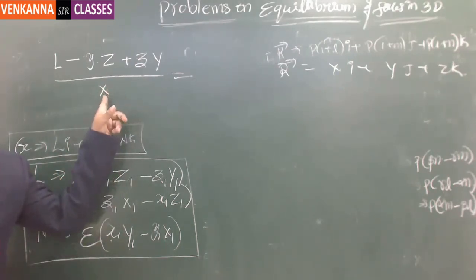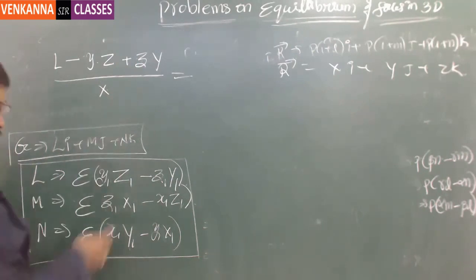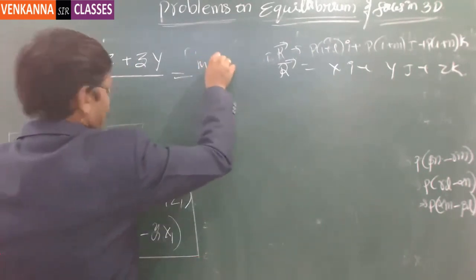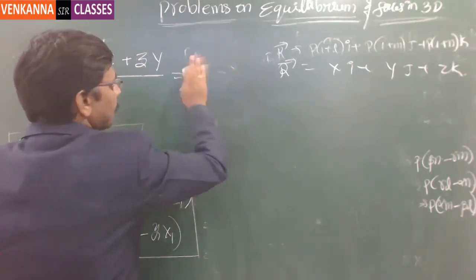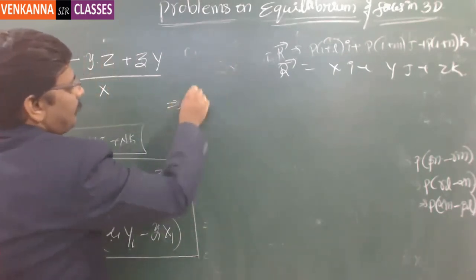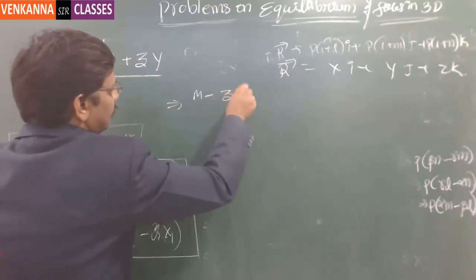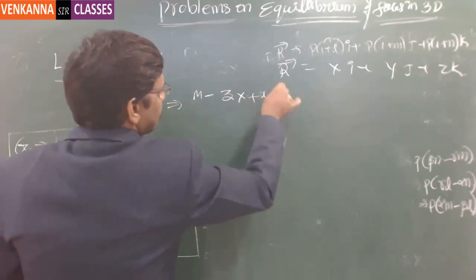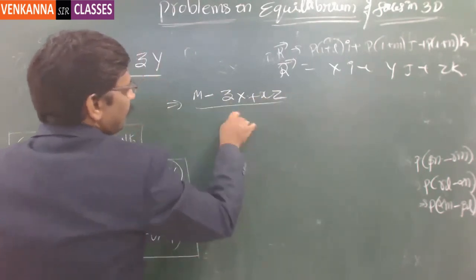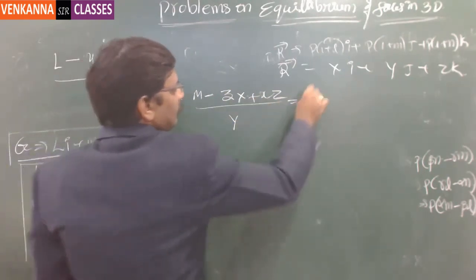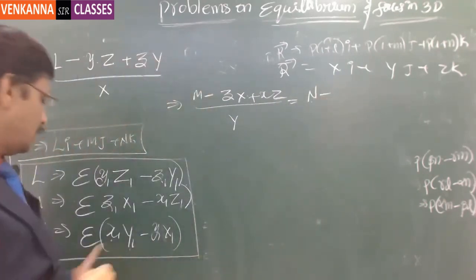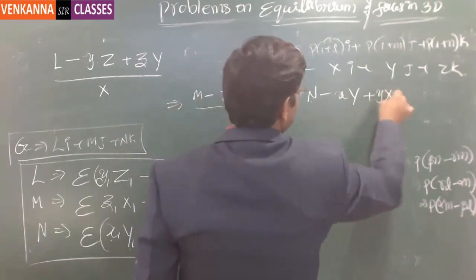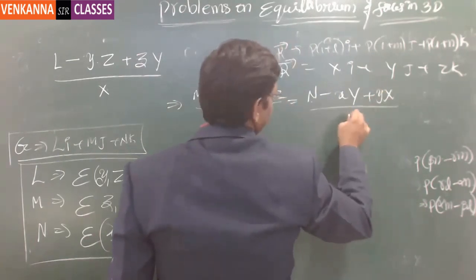So take this to this side and remove all the subscripts and put at the bottom side x. Similarly, for this one, m minus zx plus xz divided by y is equal to n minus xy plus yx divided by z.